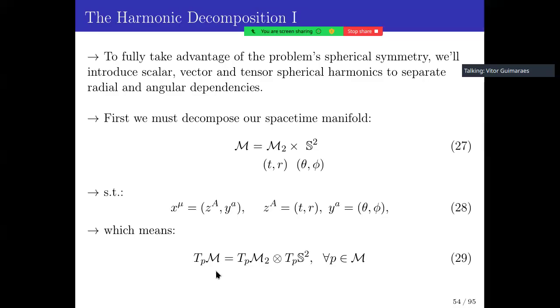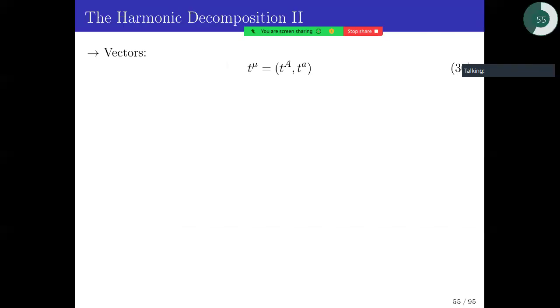T_P M, which now we are decomposing into T_P M2 tensor product T_P S2, okay? At each point of the manifold, okay? So vectors will be described as this, okay? In our manifold, T mu.